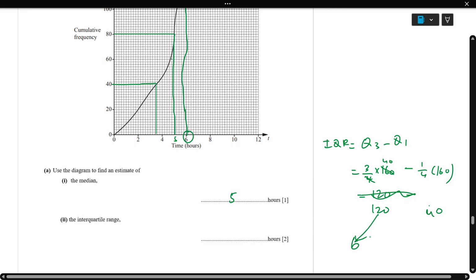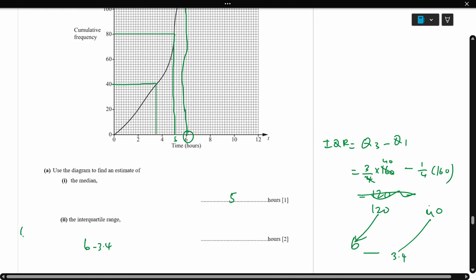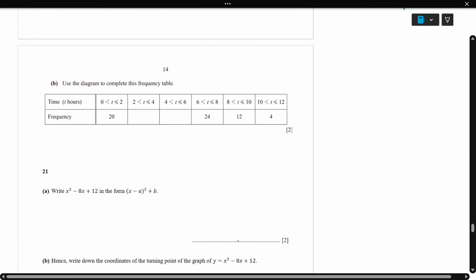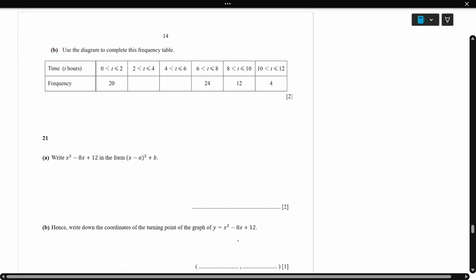The 120 value is going to be 6. The 40 value is going to be 3.4. Just take away this value, 6 minus 3.4, which is 2.6 hours is the answer here. Next, use the diagram to complete the frequency table.